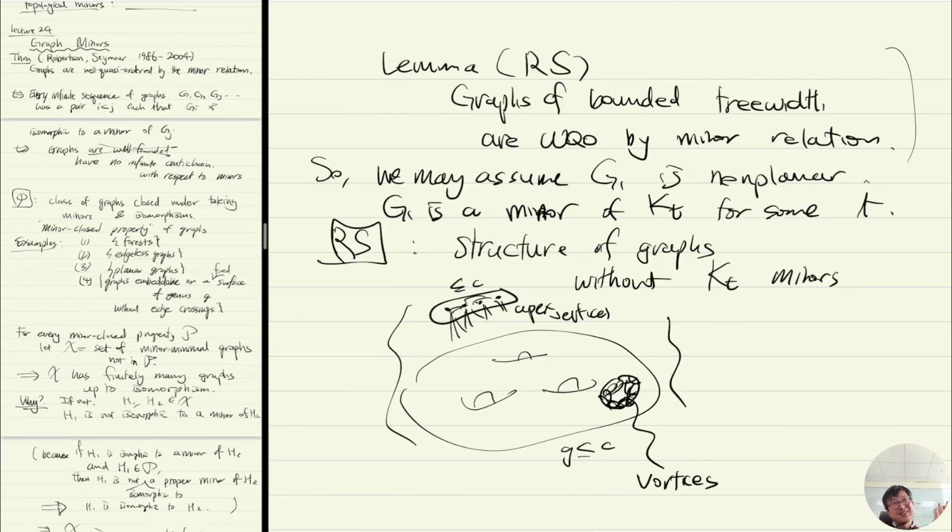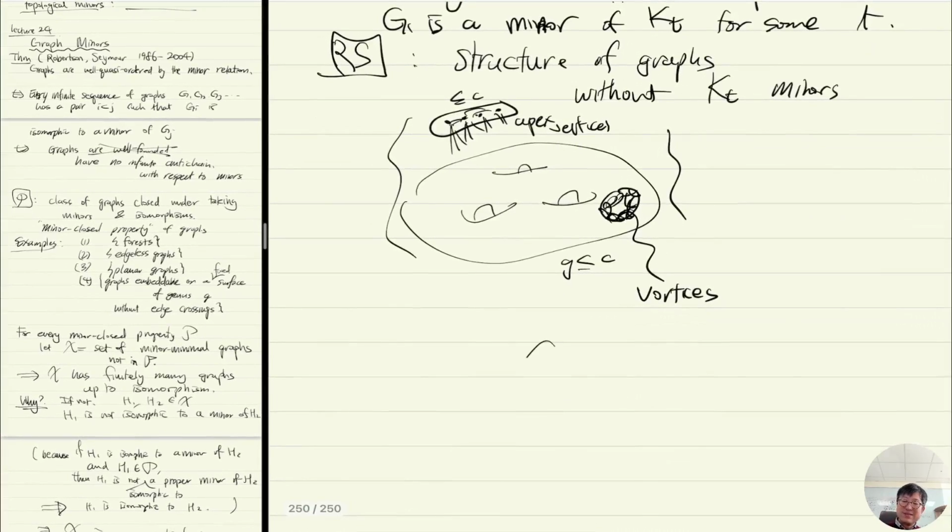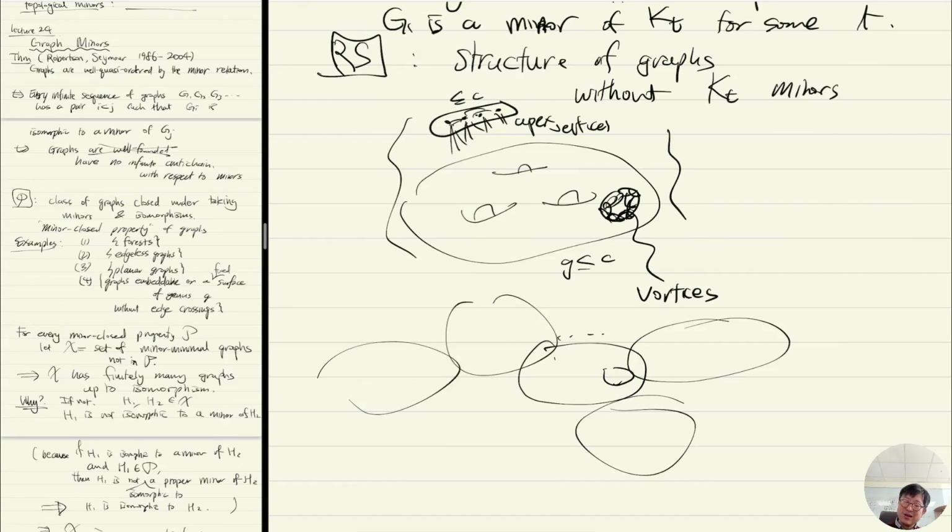Because a surface doesn't have a large clique, and having a small number of apex vertices and vortices will not change much. So the size of the largest clique minor is bounded. And then what you do is, you have these surfaces with the apex vertices, and these things are glued together in a tree-like structure. So when you glue these graphs, you take a clique, a complete graph, on both sides and then glue them. So you do that in a tree-like structure.